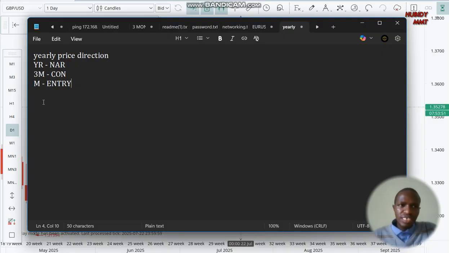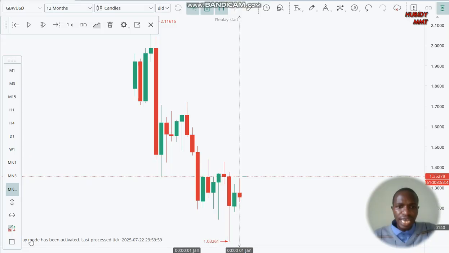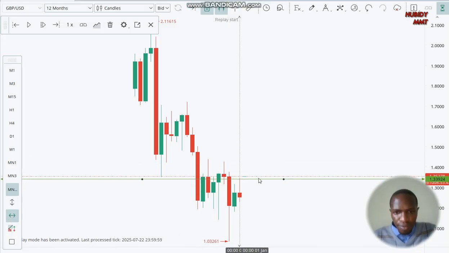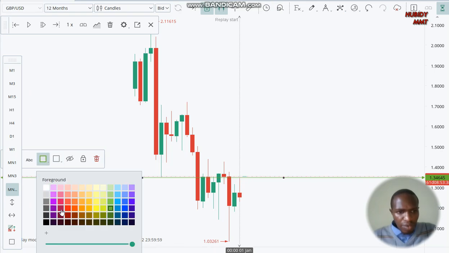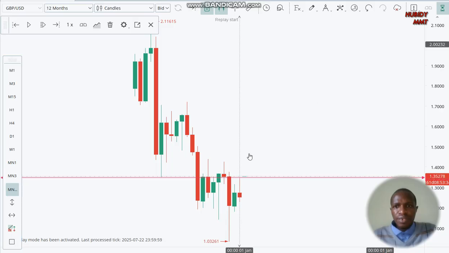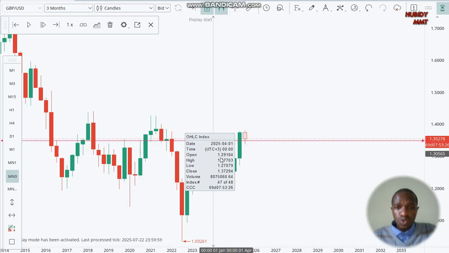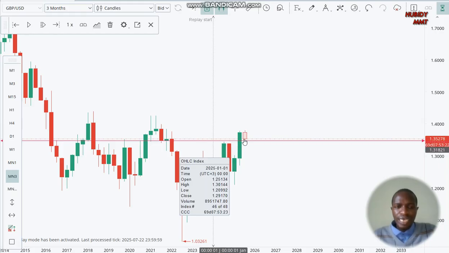So treating this information this way, we start with the yearly and mark the previous yearly high. Then we go to 3 months, and when you see 3 months, the first quarter, January to March, and the second quarter, April to June, expanded above the yearly.